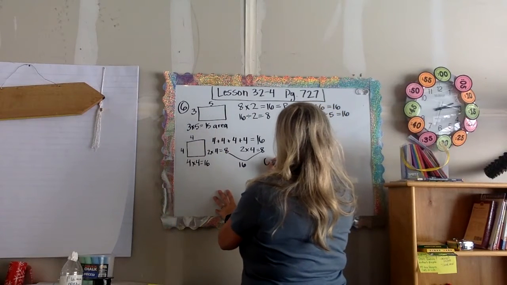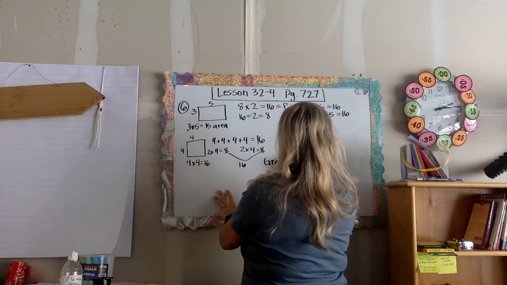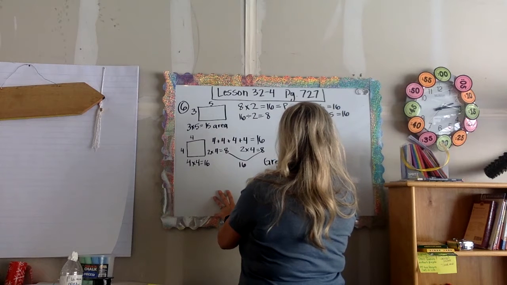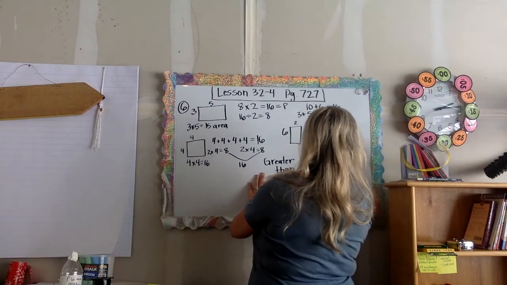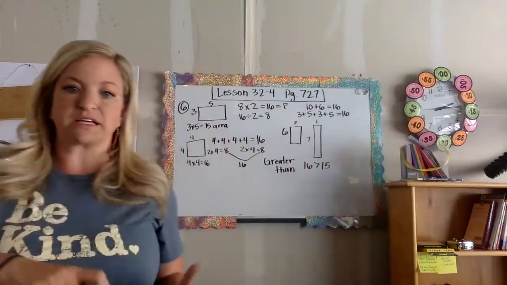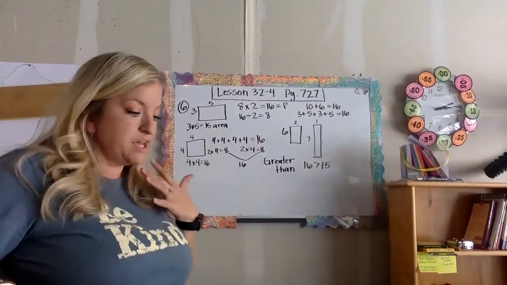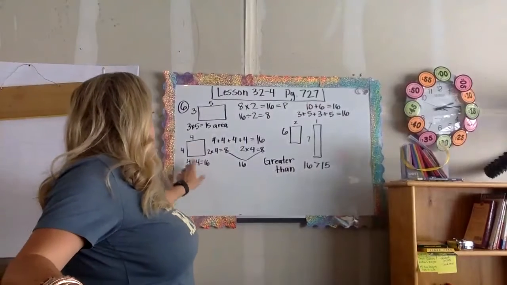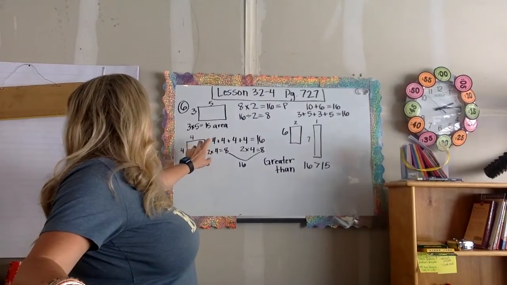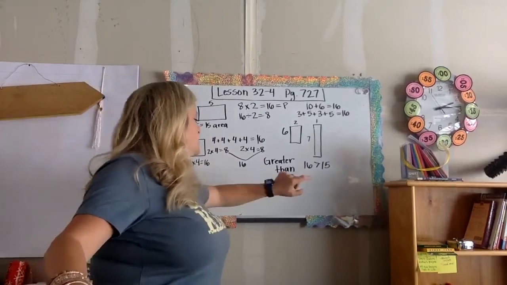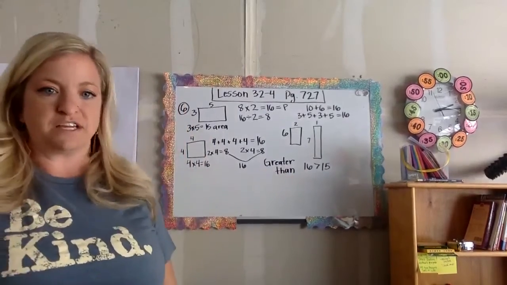So I would say it's greater than. And it's because 16 is greater than 15. The alligator eats the biggest number. So for my example that I did, which is 4 by 4, 16 is greater than 15. Okay?